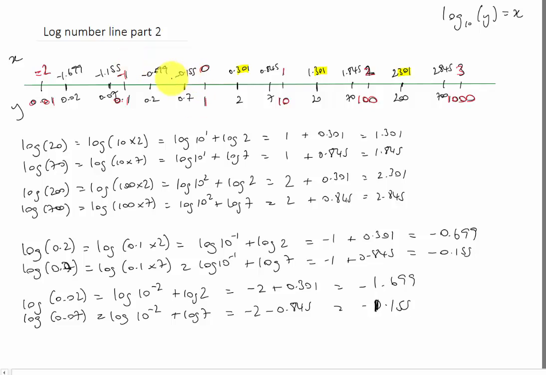Okay, so that's a very important point, that this ending changes. Yes, it's minus 1 plus 0.301, and that's why the ending changes, and that's an important point here.